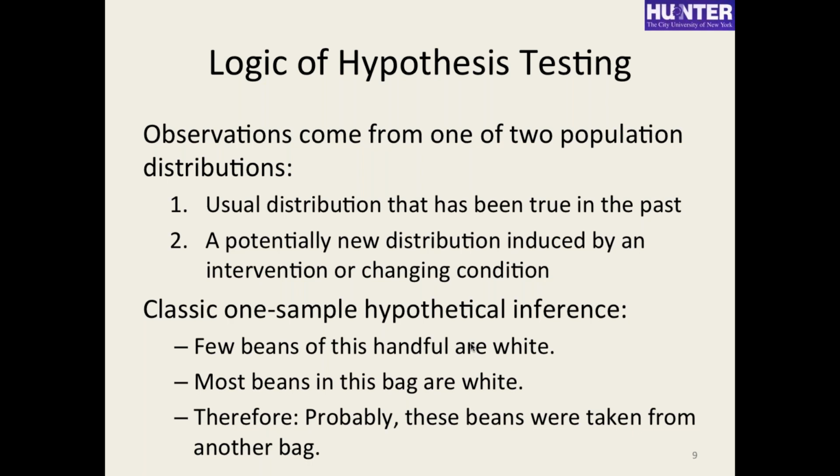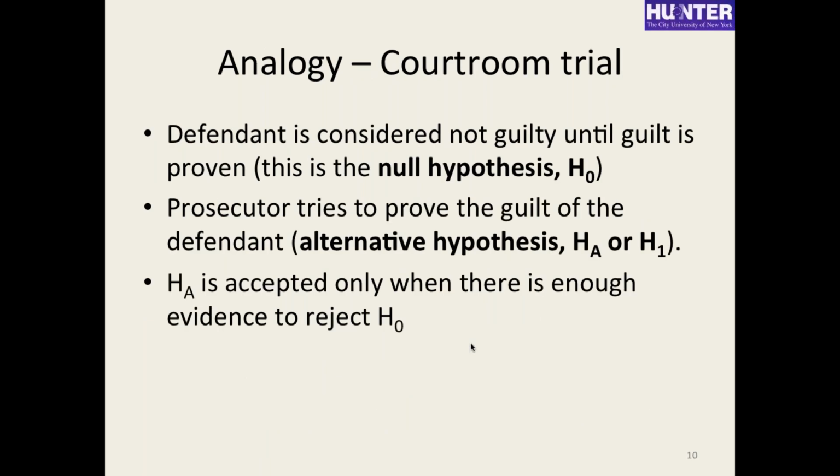Only a few of the beans are white. You would think that most of the beans there were brown. Now, if you did the same thing and you had another bag that you thought was all white beans, you would think that it came from a bag that was different as well. Kind of a lame way of describing this.